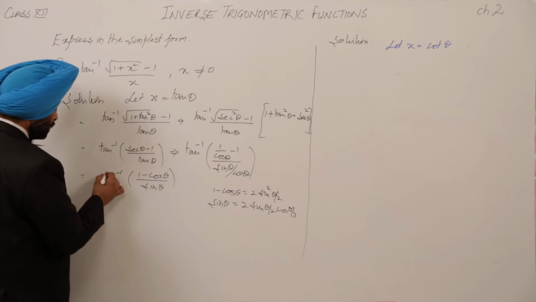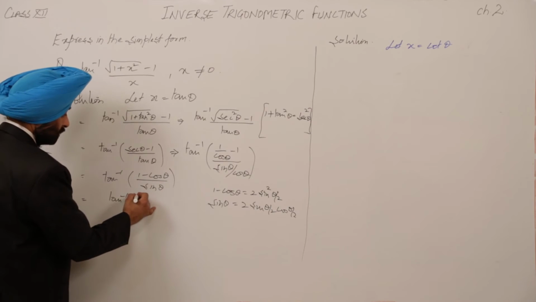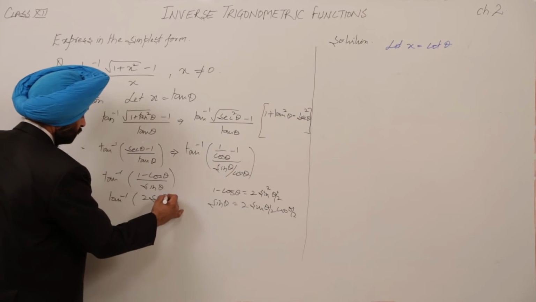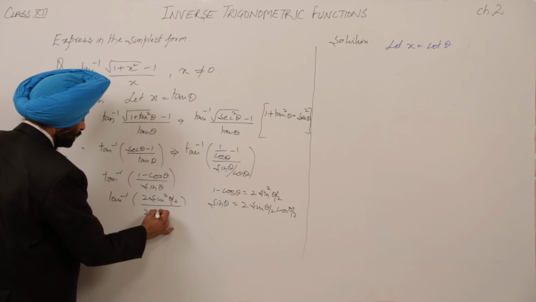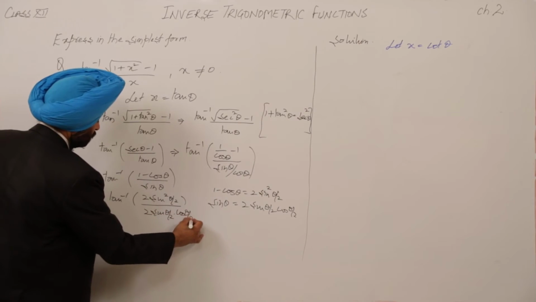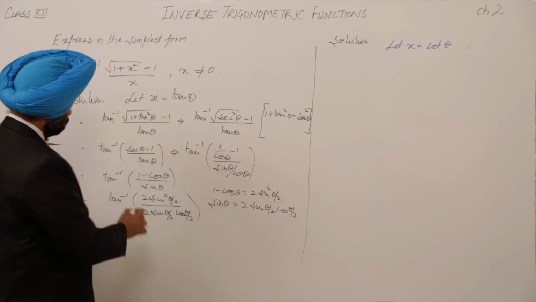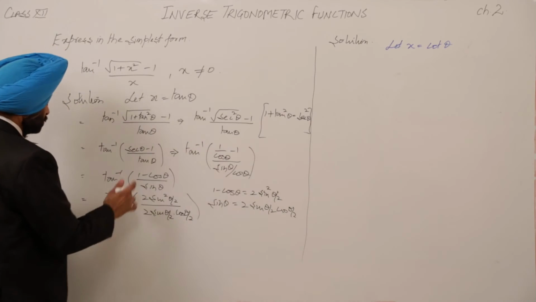Now we are putting here tan inverse in the bracket 2 sin square theta by 2 upon 2 sin theta by 2 into cos theta by 2. Now this is the formula for 1 minus cos theta and sin theta.